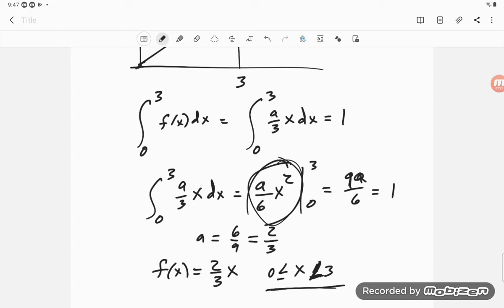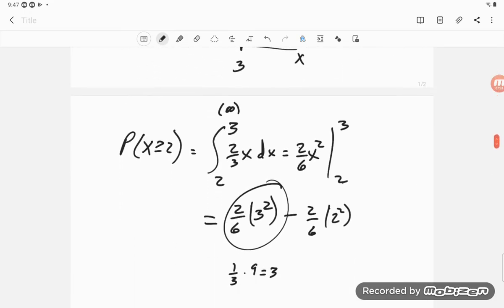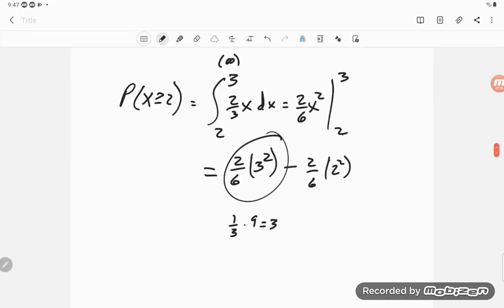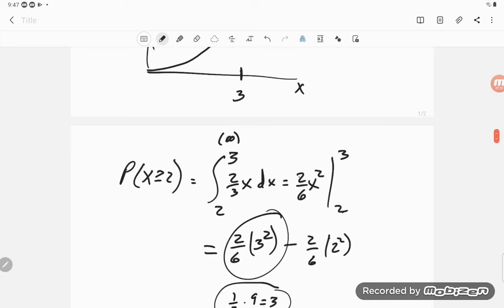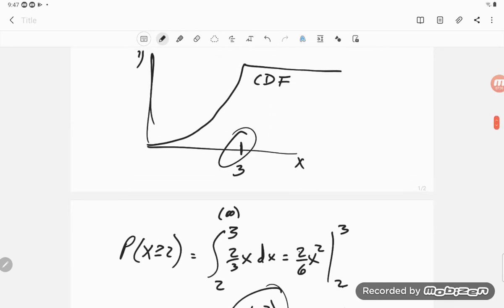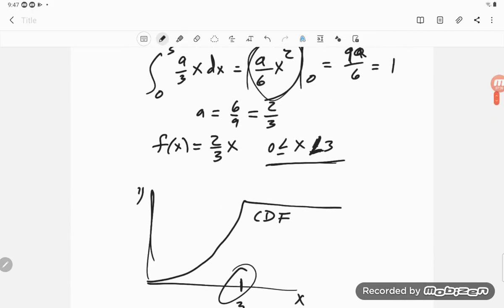How do we catch them? Well, I caught it because I got this 3 here. I should have gotten 1 from using that upper bound here of 3. I should have gotten a 1 out of that, always.